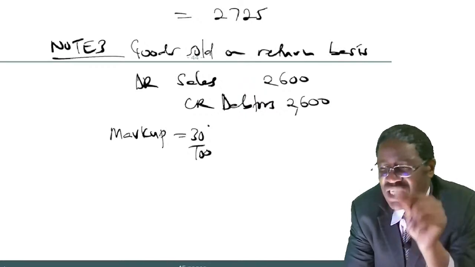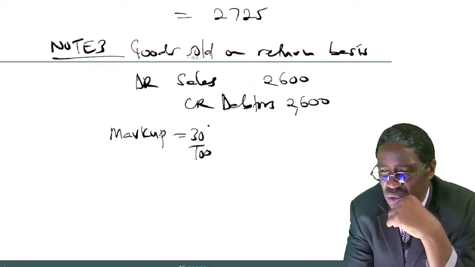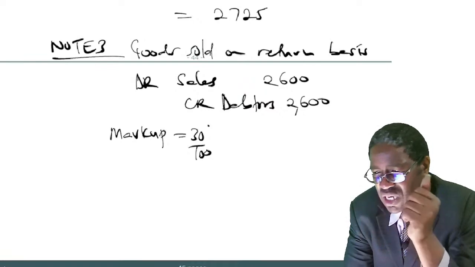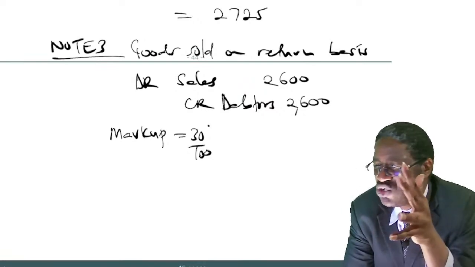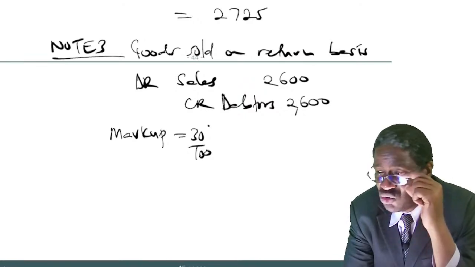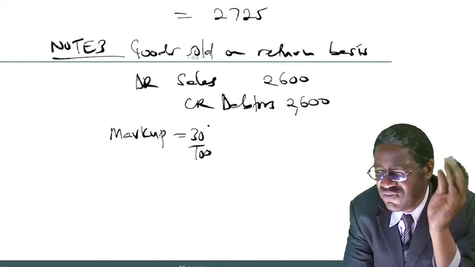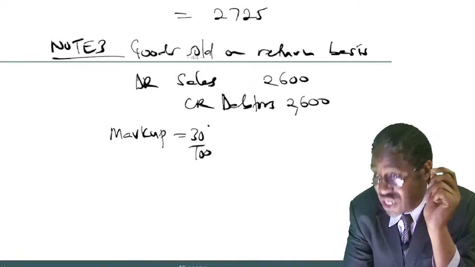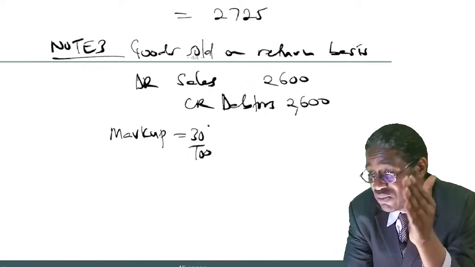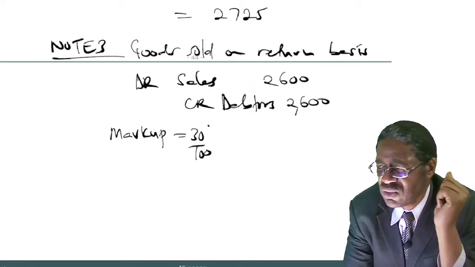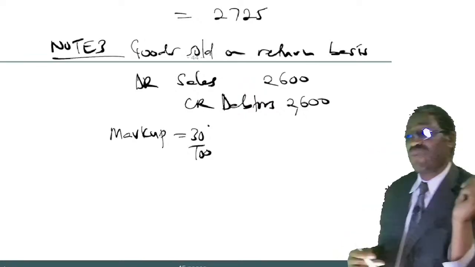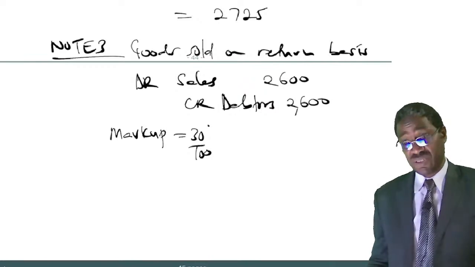So the examiner here was testing you on how to convert markup to margin. That is not a new relationship to you. You have done that in financial accounting. Let me just mention how you used to convert.